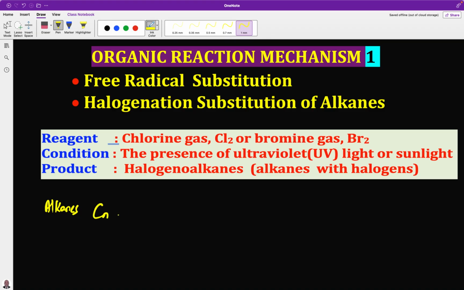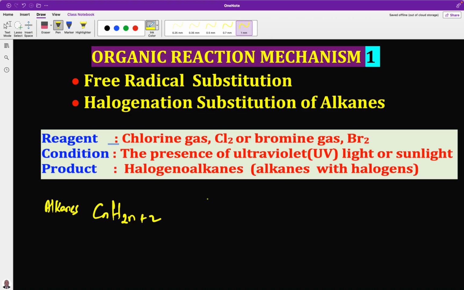All alkanes are saturated hydrocarbons with carbon single bonds and carbon-hydrogen bonds.